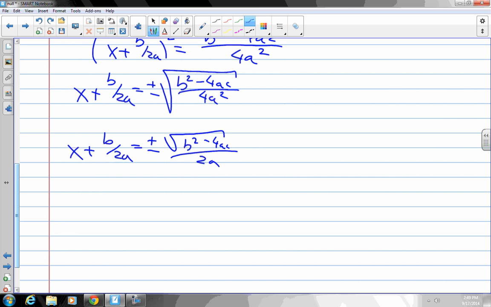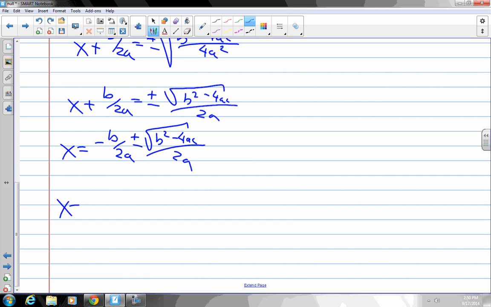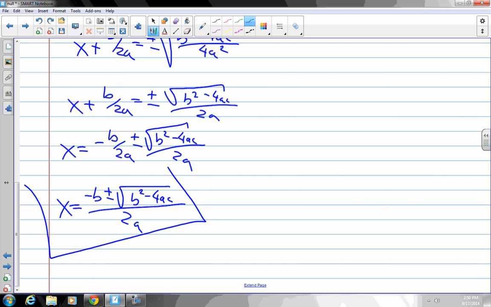And then finally subtract b over 2a, so negative b over 2a, plus or minus all that. Same denominator, I can combine them. So that's the quadratic formula.